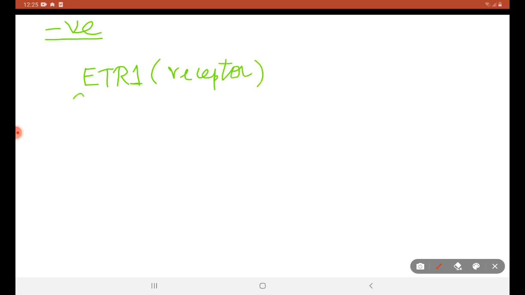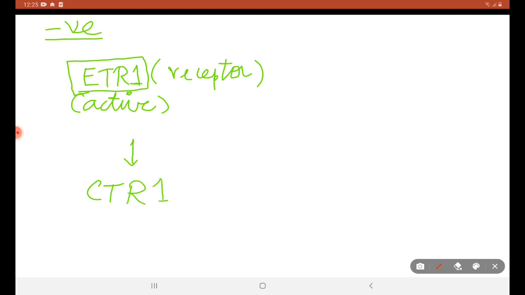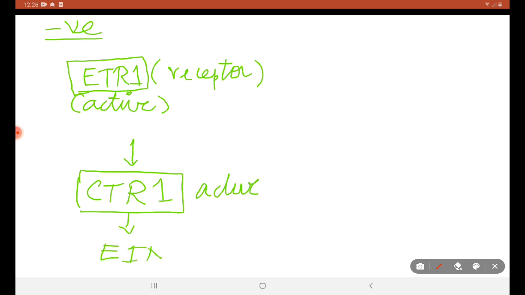In the absence of ethylene, the ethylene receptor is active. Then it activates CTR, constitutive triple response 1. This is also activated in the absence of ethylene. Then comes EIN2. This is active.